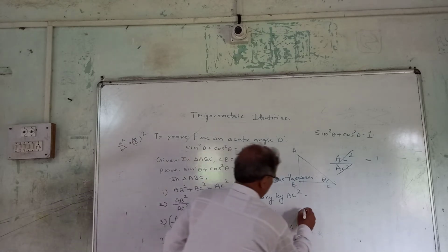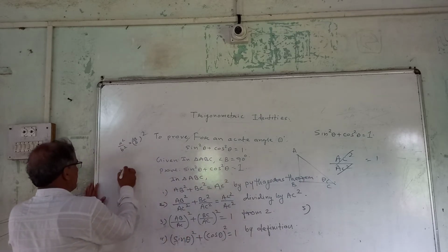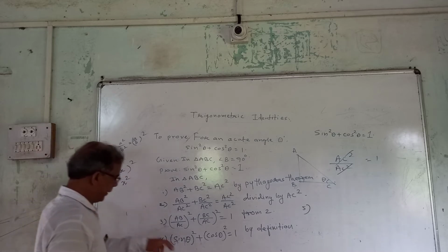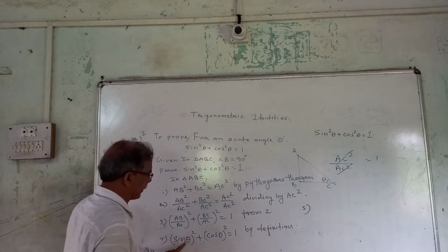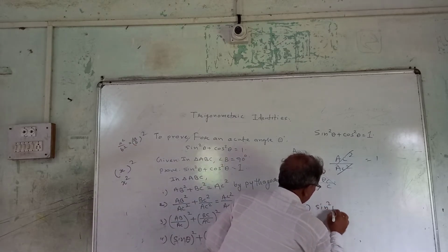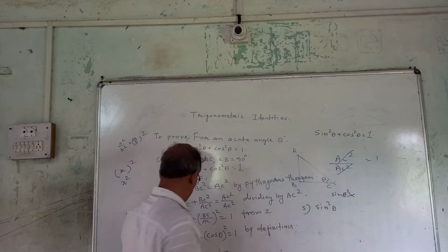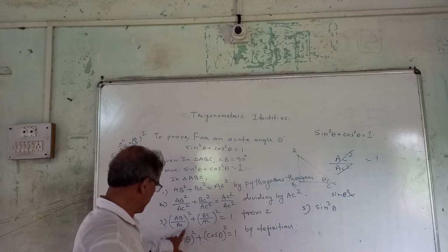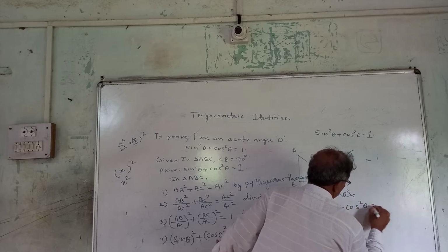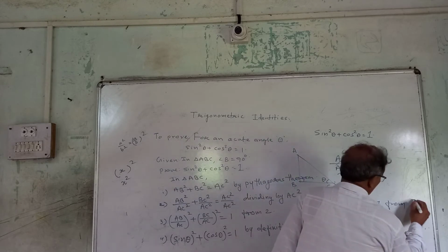And now the fifth statement I write here. Now this square, suppose x whole square. So it will be like this, isn't it? But here you have to remove this bracket, and what can you write? Sin square theta. It is not written as sin theta square, but sin ratio square theta plus cos square theta is equal to 1 from 4.